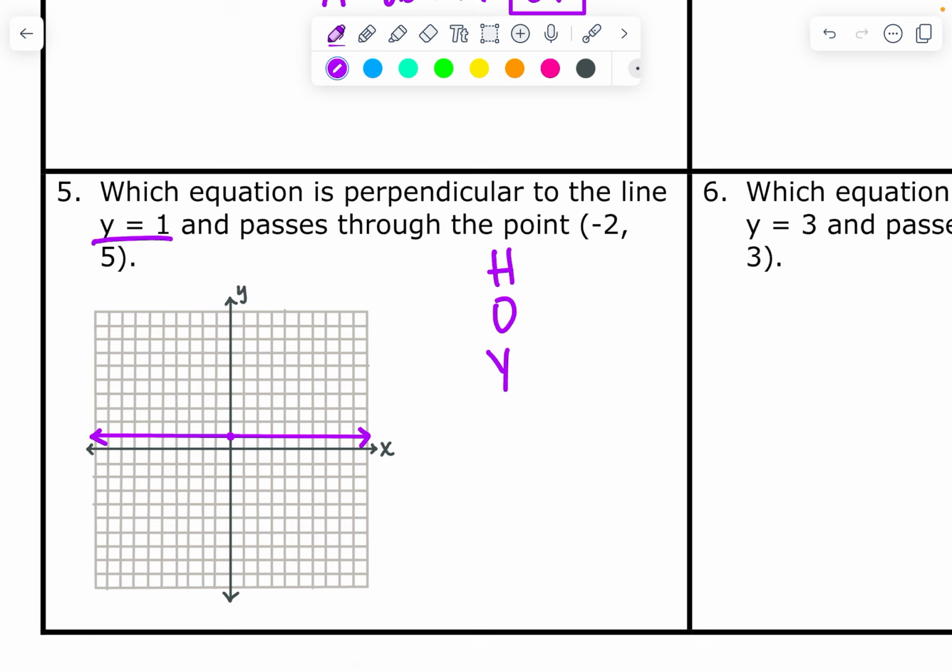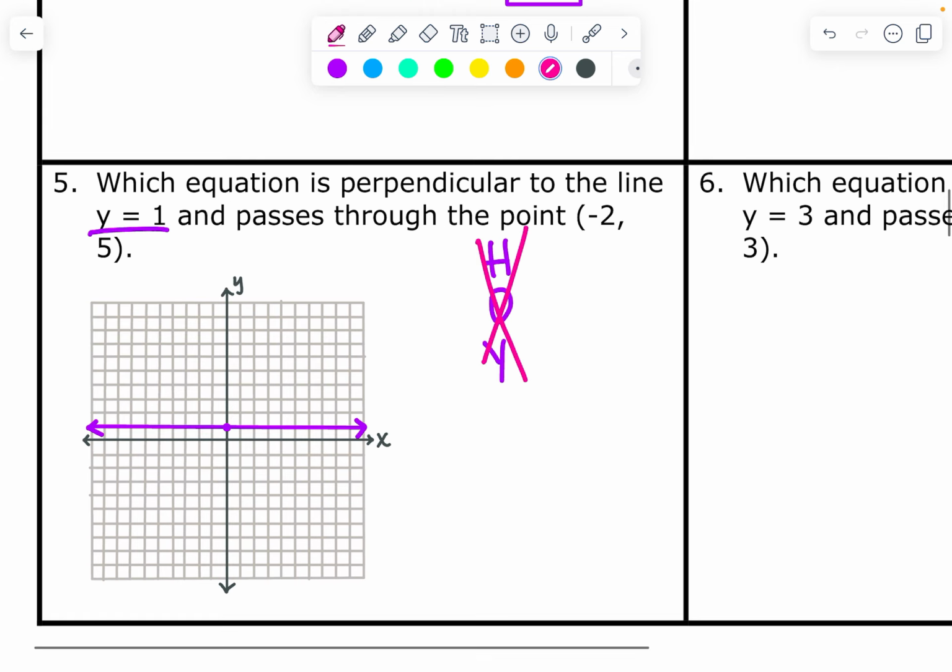And then since it is horizontal, we want the perpendicular line. So this is where we started. This is where we need to end up because it said perpendicular. And we needed to pass through this point, -2, 1, 2, 3, 4, 5, right here.